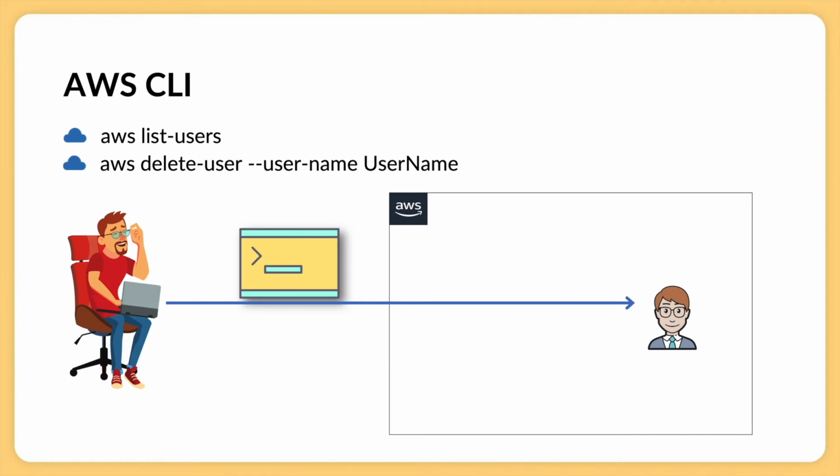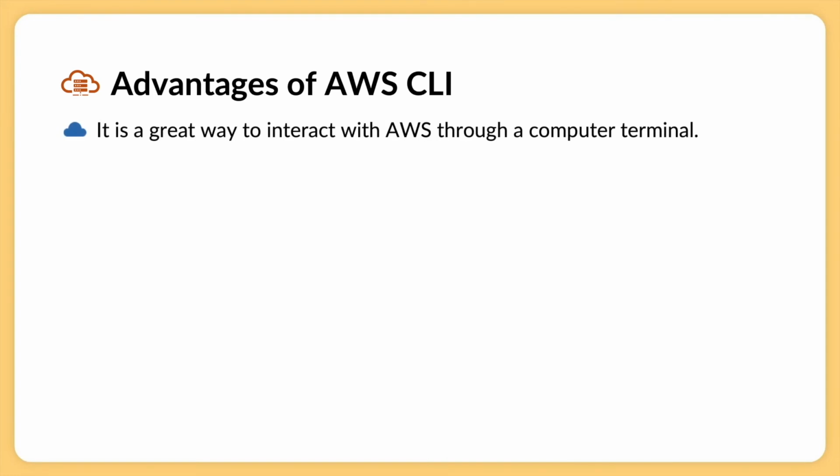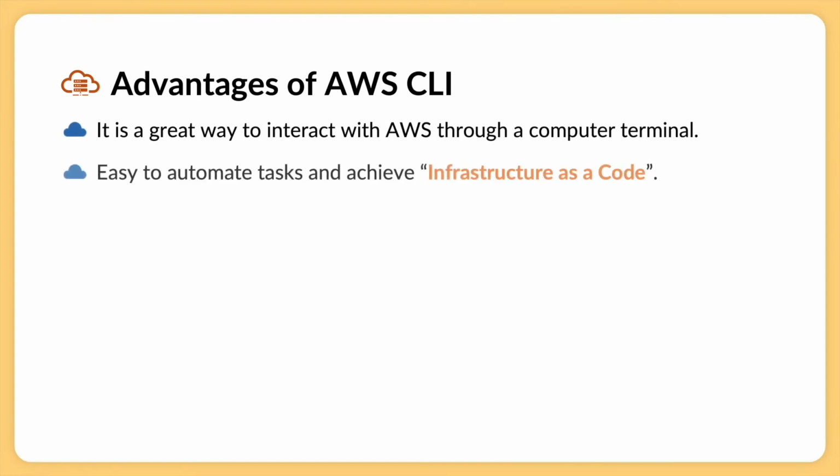If anything sounds confusing, we are going to install and configure AWS CLI in the next session. Now let's look at some advantages of using AWS CLI. It is a great way to interact with AWS through a computer terminal and is an excellent way to automate tasks and achieve infrastructure as code.